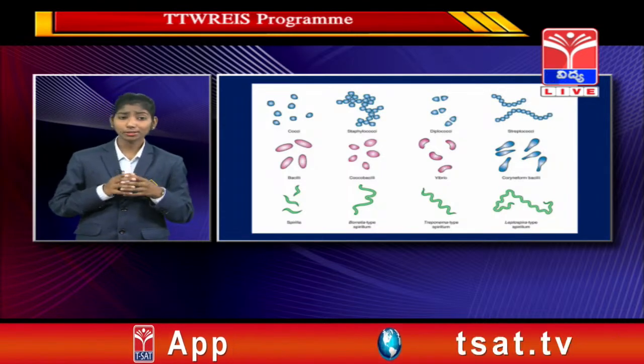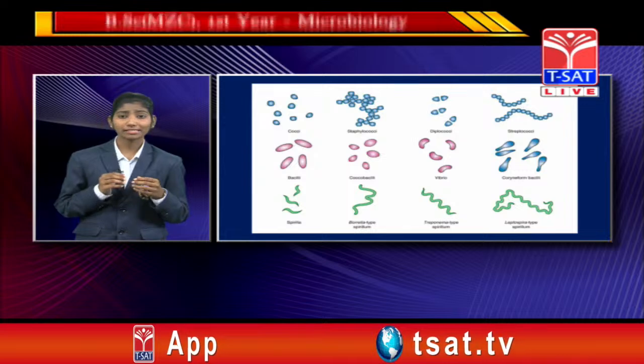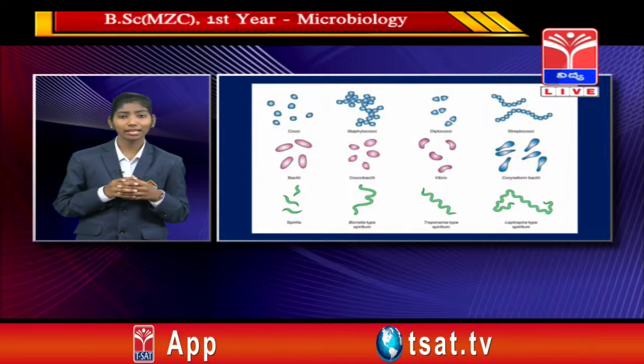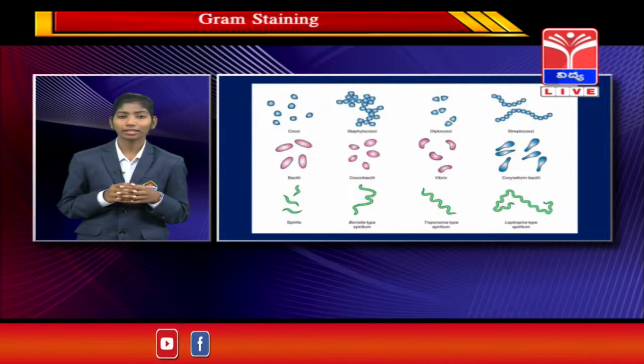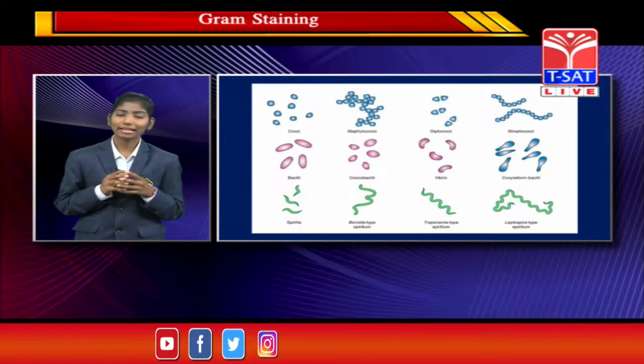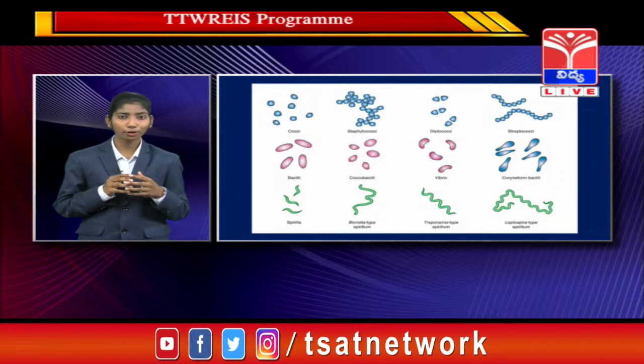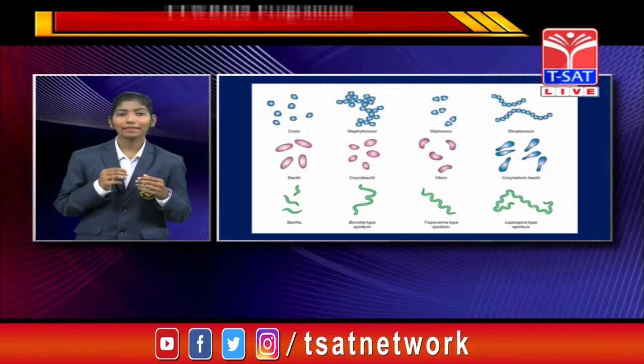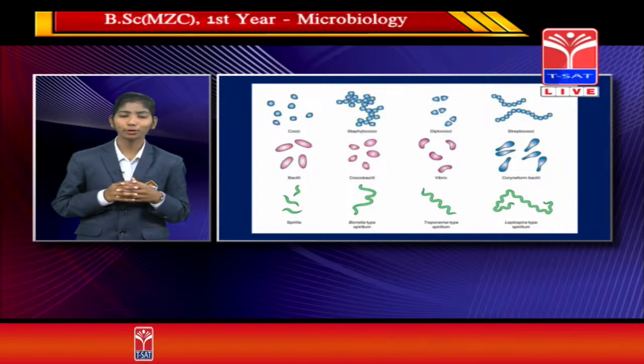If these cocci are arranged singly, it is known as monococcus. If 2 cocci are attached with each other, they form diplococcus. And the third one is streptococcus.